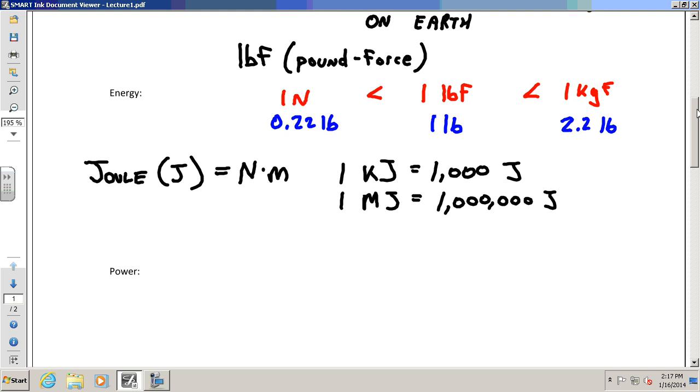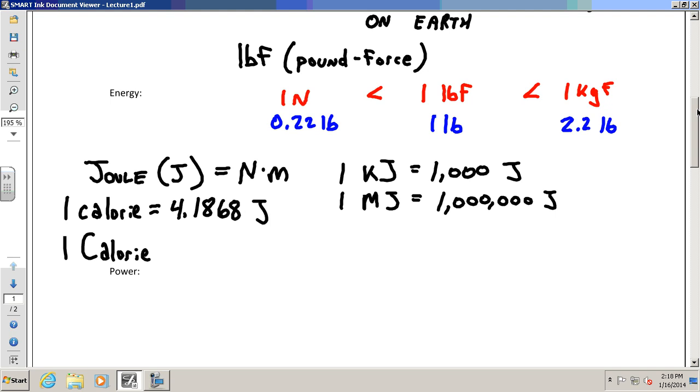Does anybody know what the unit of energy is in the English system? Calories. That is actually one that is more in the metric system, but it is a good one. By the way, we have to be careful with calories because there's a calorie with a lowercase c, and then there's a calorie with an uppercase C, and those are 2 different things. 1 lowercase calorie is 4.1868 joules.